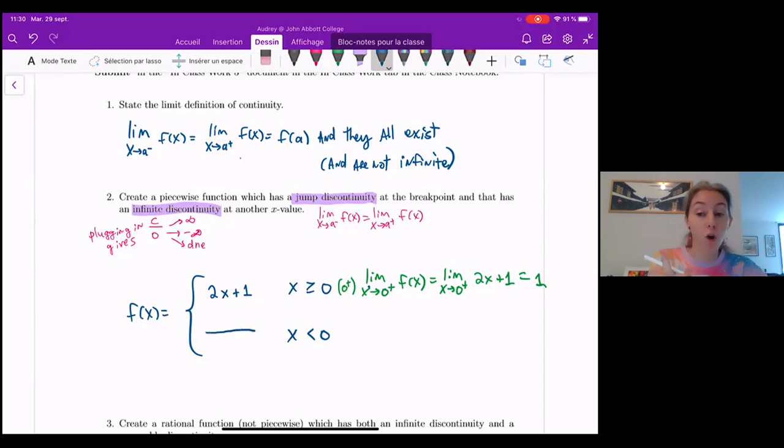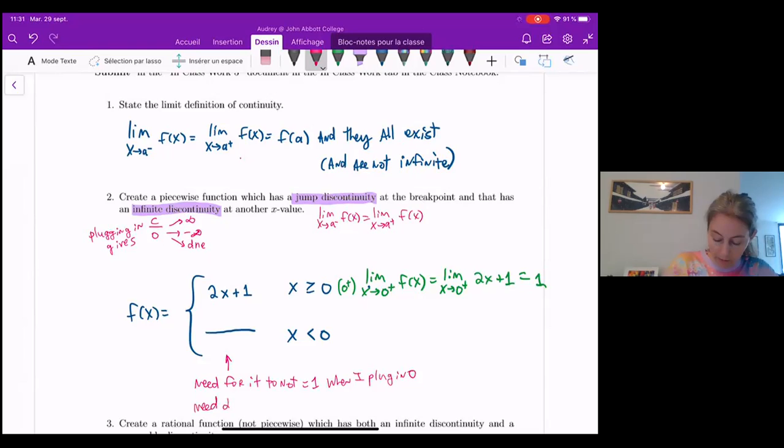So I need for this to not equal 1 when I plug in 0, and I need to have division by 0 at some value less than 0. So a good thing to do here would be like x plus 2.